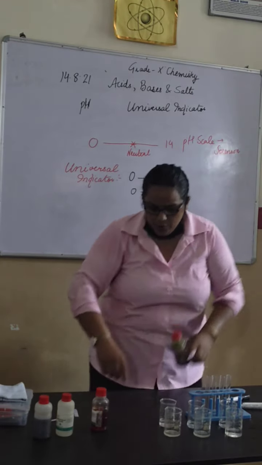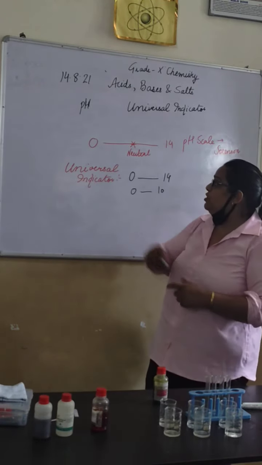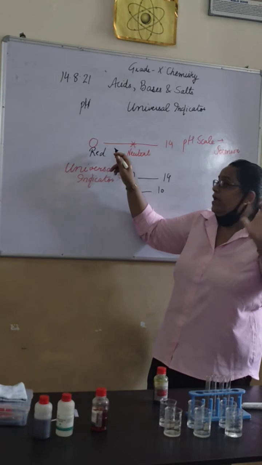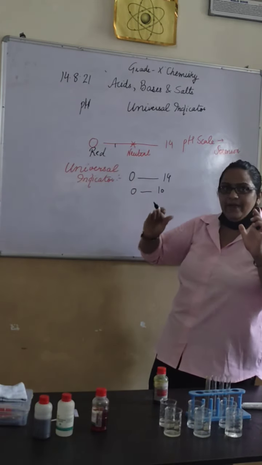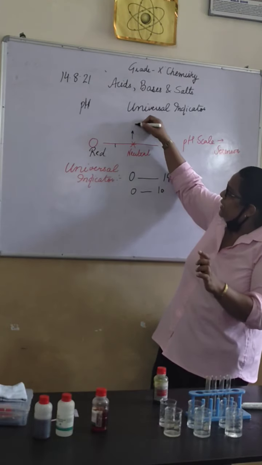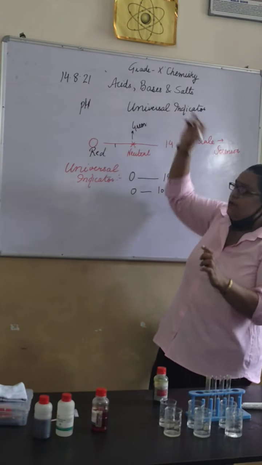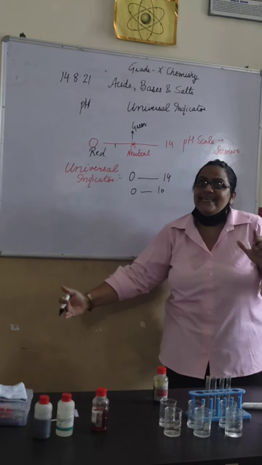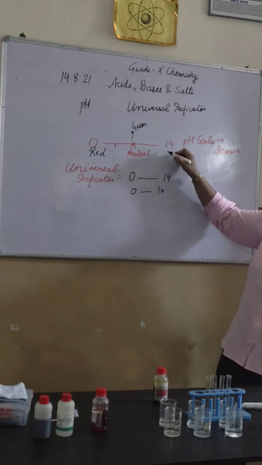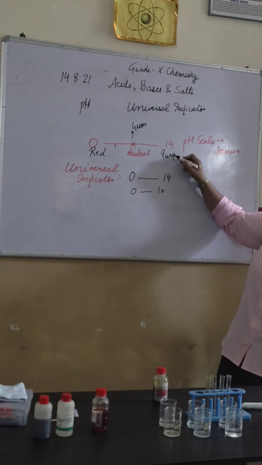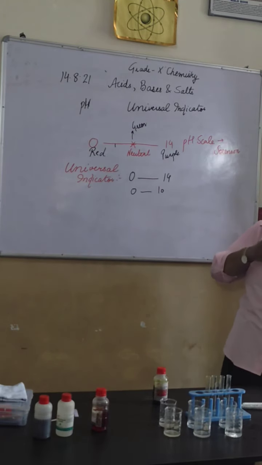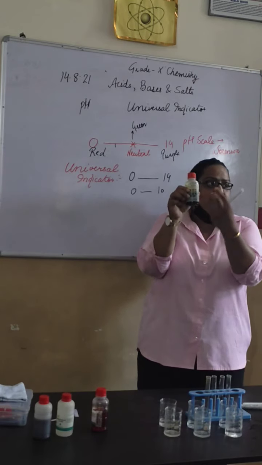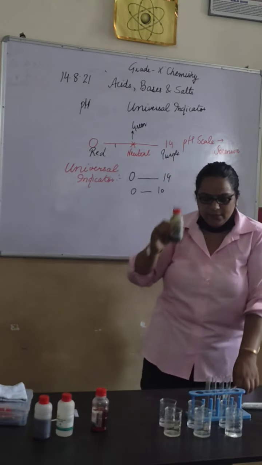Like for 0, if the pH of a particular solution is 0, its color is dark red. Here orange. Fine. For neutral solution, it represents the color green. And when we are moving towards more basic character, the color changes from green to dark purple or blue. Fine. You can see here along with the pH, it also shows different colors.